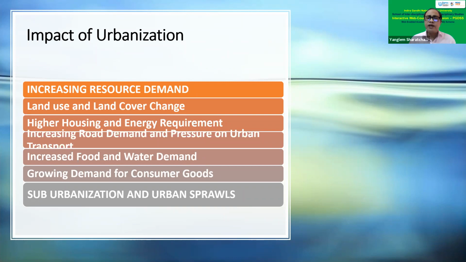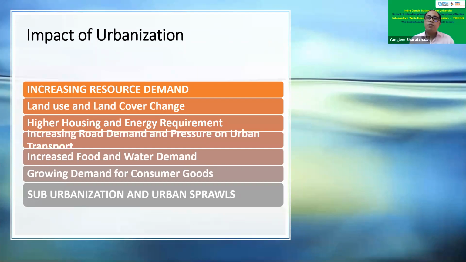Then, when urbanization is concentrated in some city area, because of the high population density, some negative impacts will be seen. Sometimes people who used to stay in the heart of the city might not be able to stay comfortably in that area.